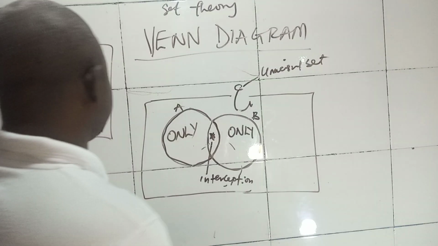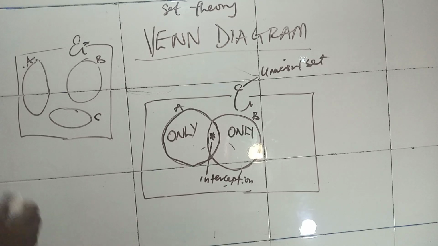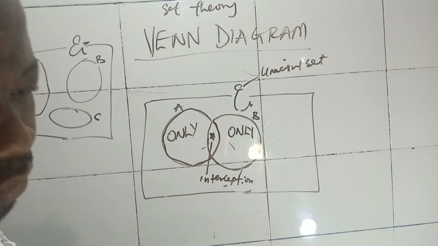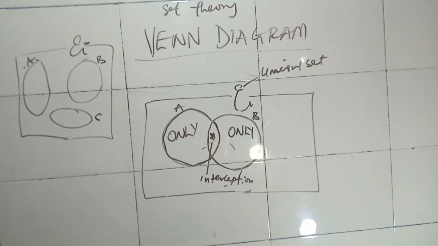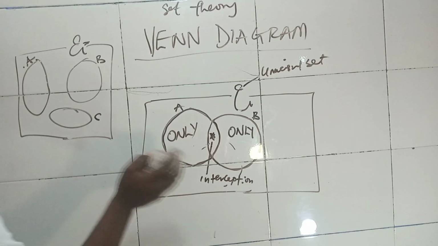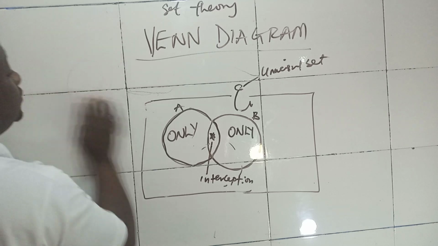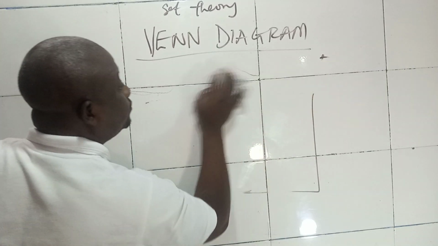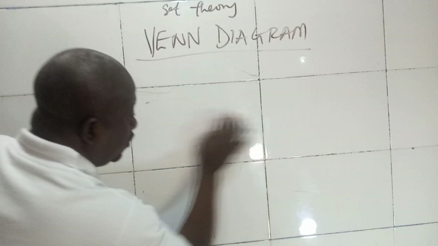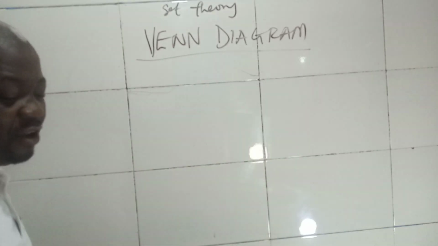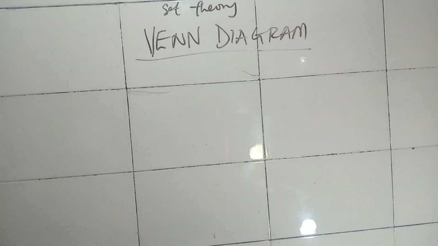But let me just give us an example to work on, just an example so that we know what we are doing to solve this Venn diagram. And most times they talk about subjects or community. That's what they use in explaining this Venn diagram.